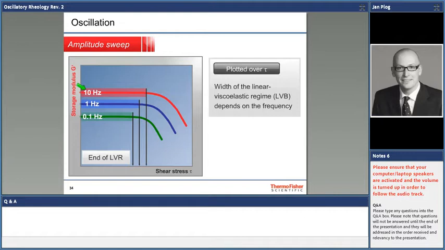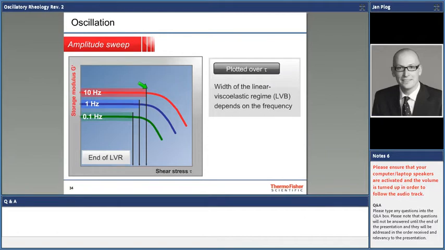And you see that in the frequency sweep a little bit later on. The faster you stress your sample, the earlier it will just sit down and say, no, I cannot follow this motion anymore, I will behave like a solid body now. And the more solid-like, the more elastic it behaves, the longer the linear viscoelastic regime is.